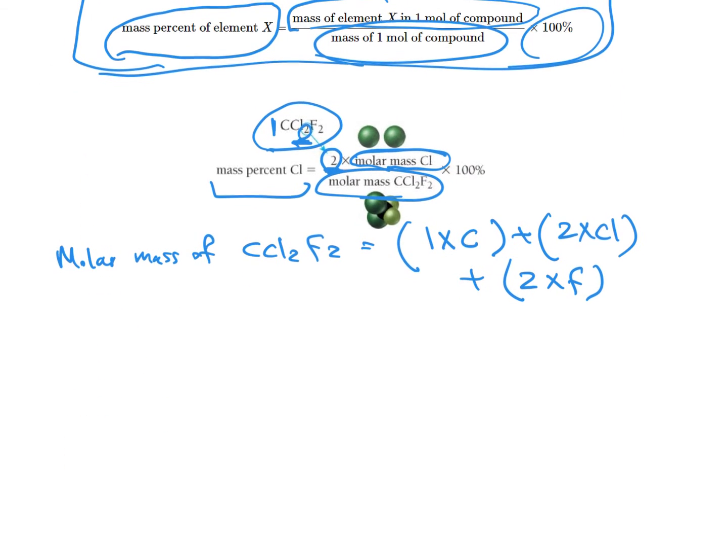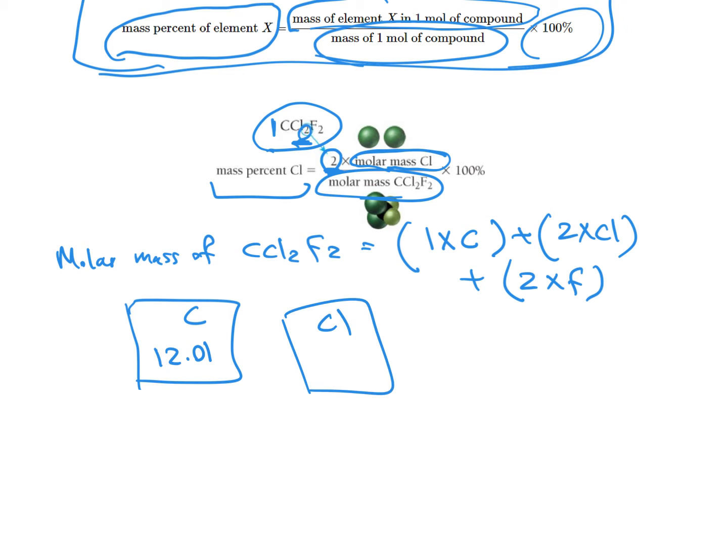And you go to the periodic table, you read these numbers. Can anyone tell me what is that for carbon? 12.011. Exactly. What is it for chlorine? Exactly. What is it for fluorine? Can anyone read that?